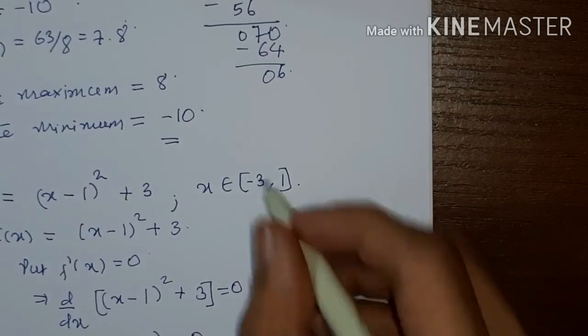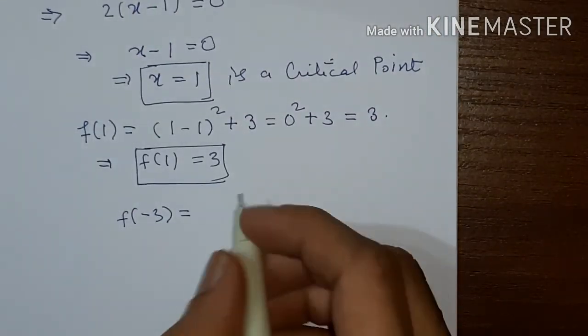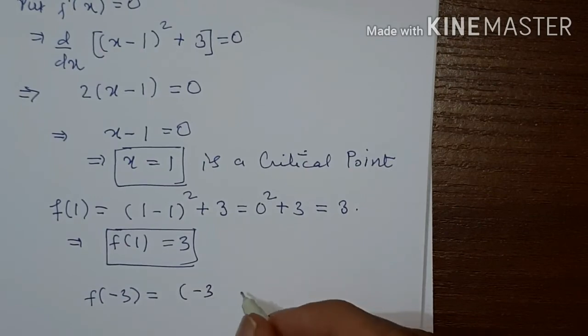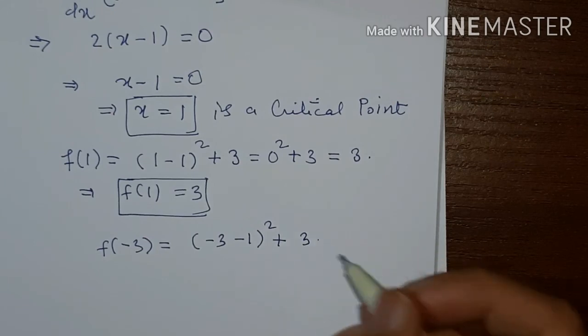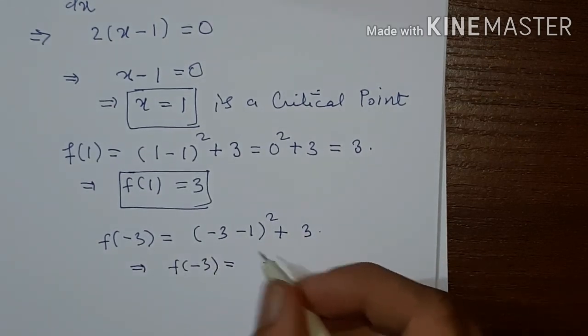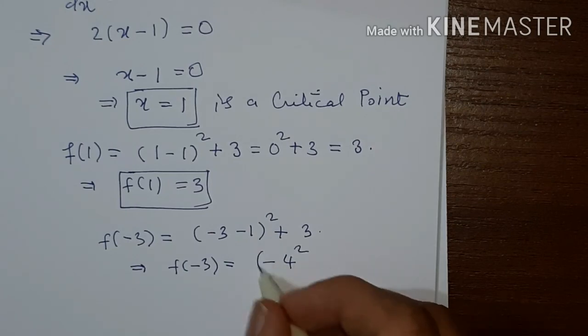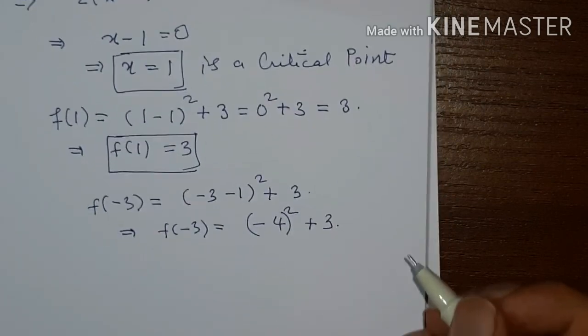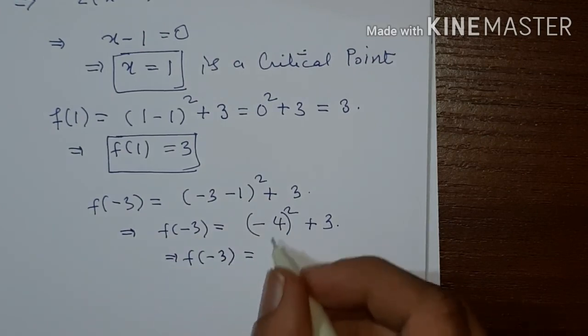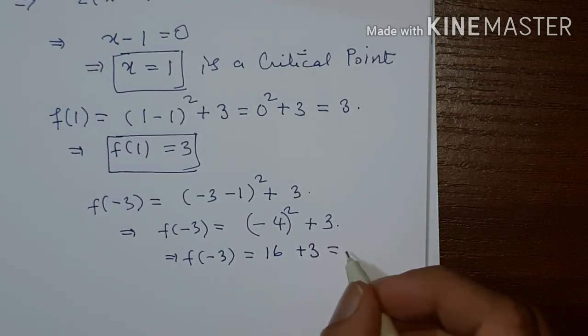That is the first endpoint. Okay, so that is nothing but minus 3 minus 1 the whole square plus 3, so which is minus 4 square plus 3. Okay, and so f of minus 3 is minus 4 square is 16 plus 3, which is 19.